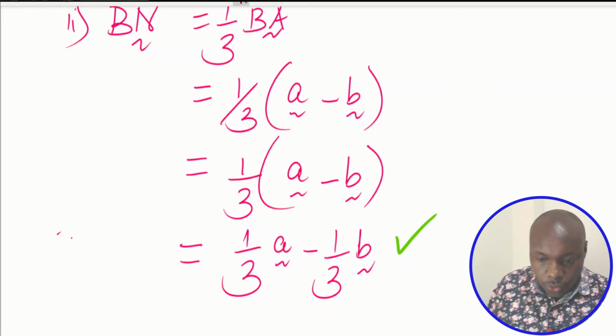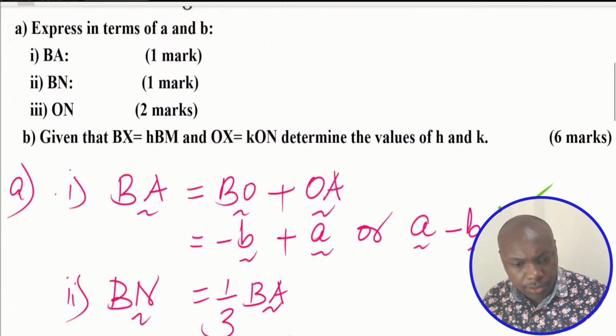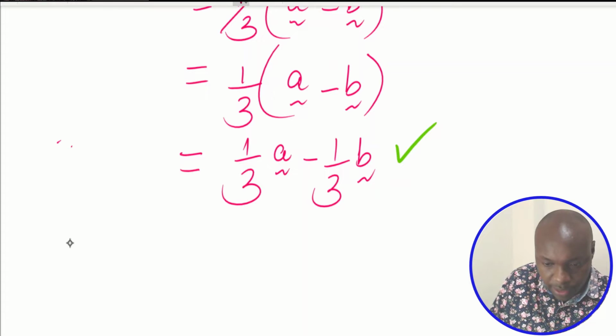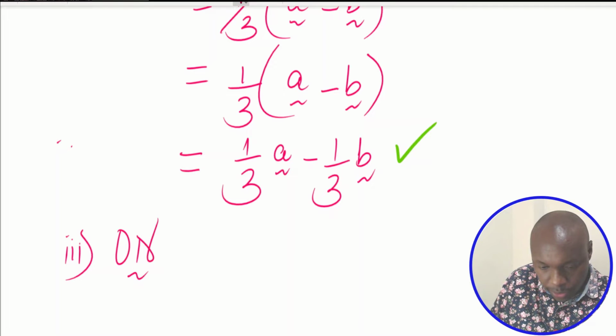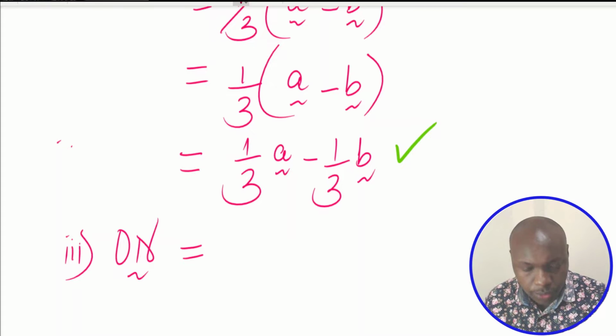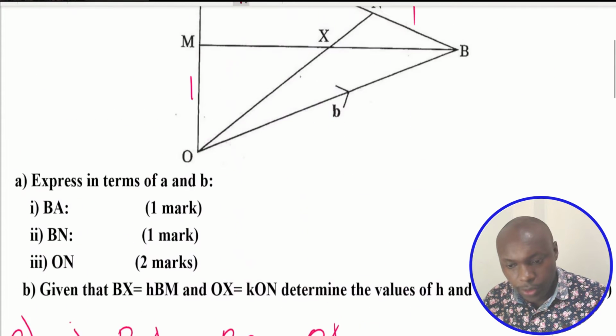We go to the other part, which is vector ON, part 3. How do we get ON? How do we move from O to N?